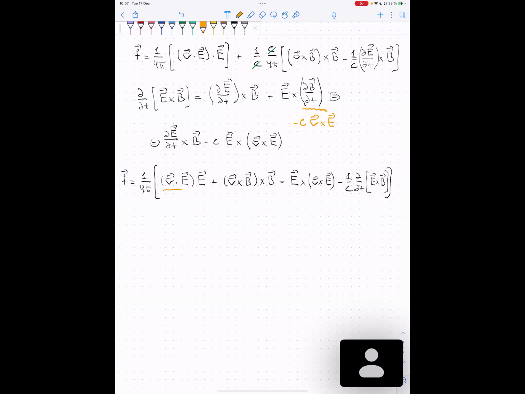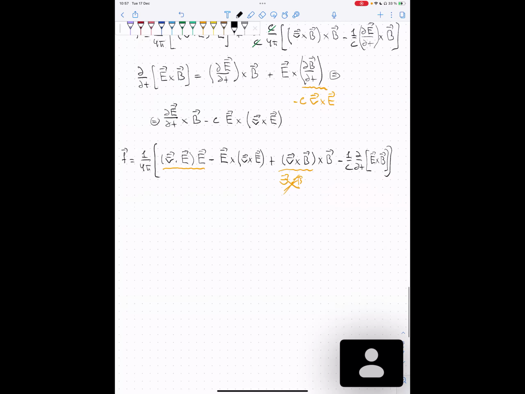You see that here we have the divergence of E, but we don't have the divergence of B. We don't have such a term.